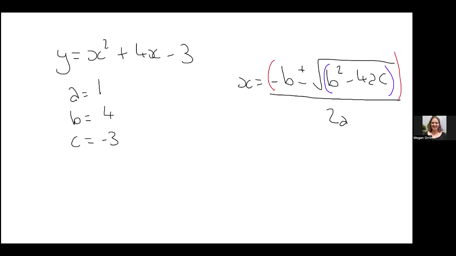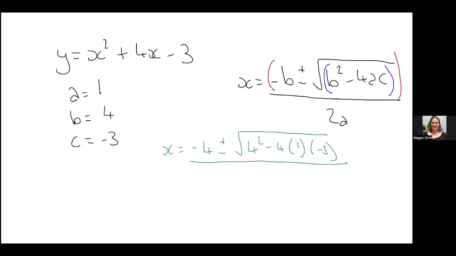So x equals -b, so -4 plus or minus the square root of 4 squared minus 4 times a times c all over 2a. All right, so when I'm typing this into the calculator, I'm going to skip a couple of steps because it makes my life easier.